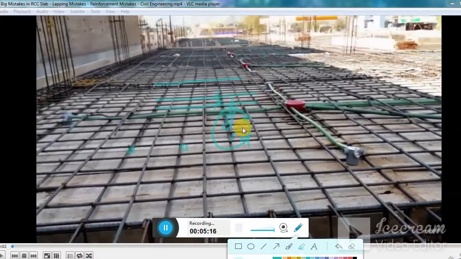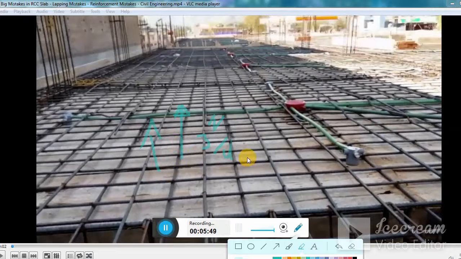And similarly, sometimes they maintain such spacing by lifting this mesh when they start concreting and providing such an arrangement. So if you are working with such people, they tell you that they will provide that 3 by 4 inch cover during work. How do they provide it? They lift the mesh and maintain the spacing. I think that is a wrong practice.